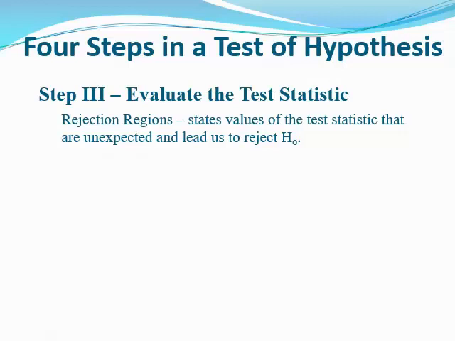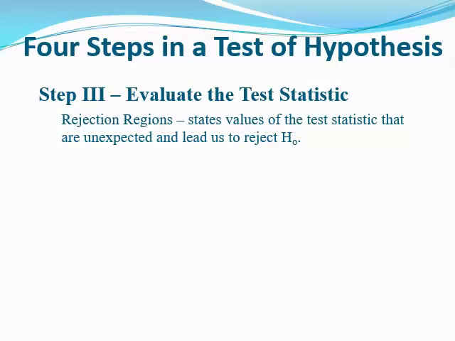Rejection regions, based upon where we've been and what we've done before. If the null hypothesis is true, we expect the value of the test statistic to be close to 0. So the further the test statistic is from 0, the more we want to not believe the null hypothesis. So how far would that test statistic need to be?